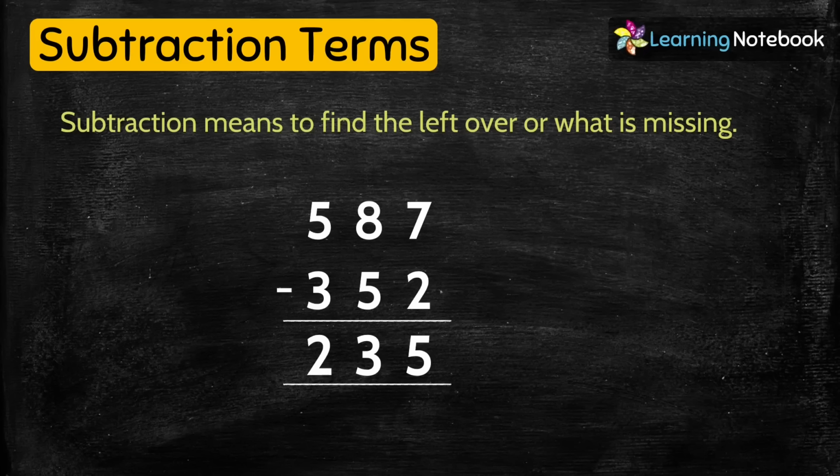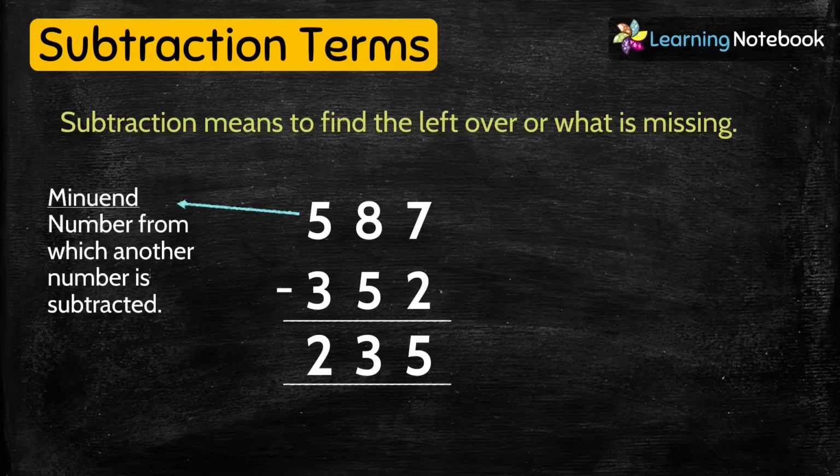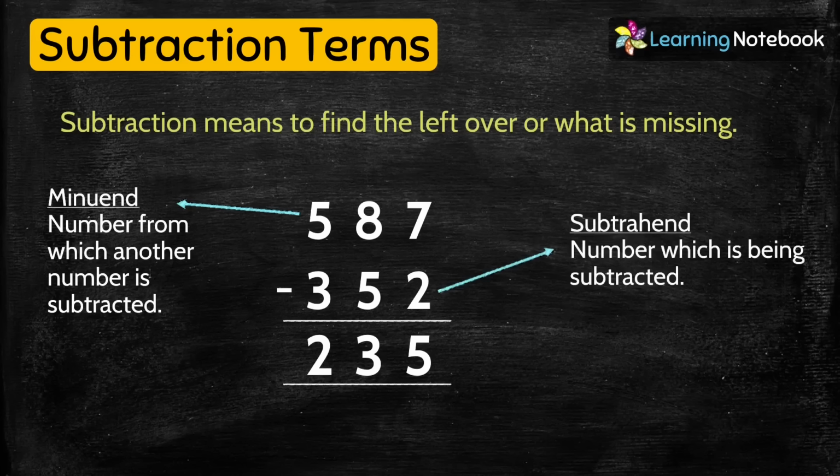So here the number from which another number is subtracted is called minuend. So in this example, 587 is minuend. And the number which is being subtracted is called subtrahend.